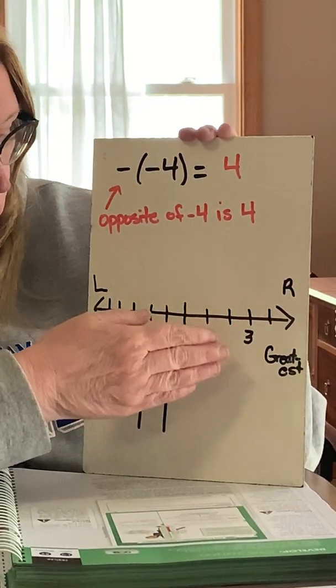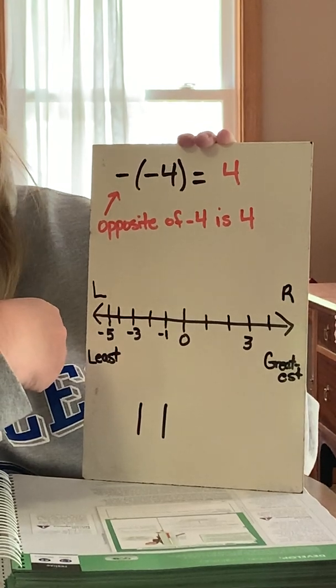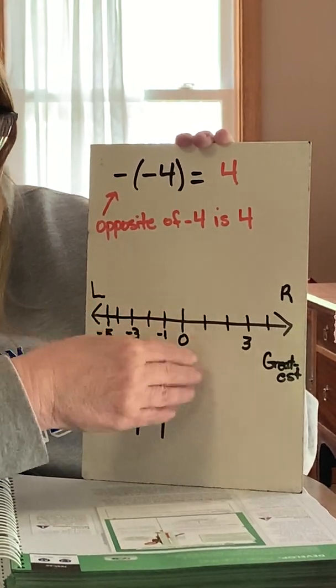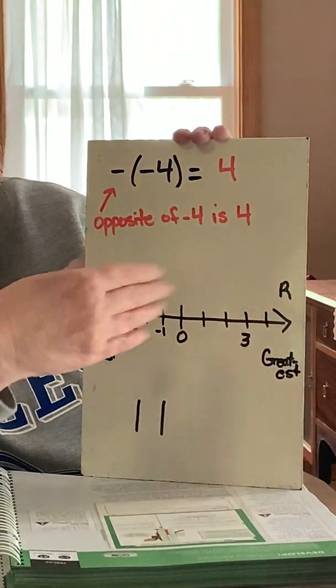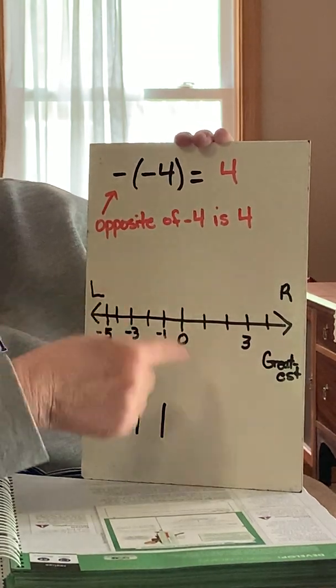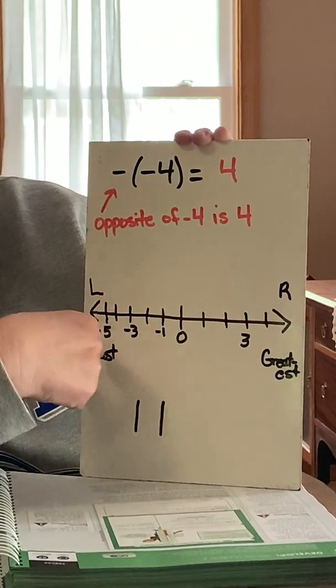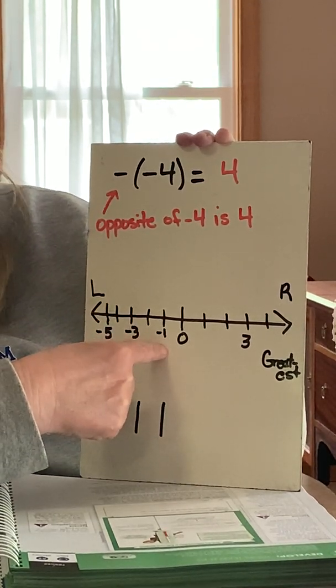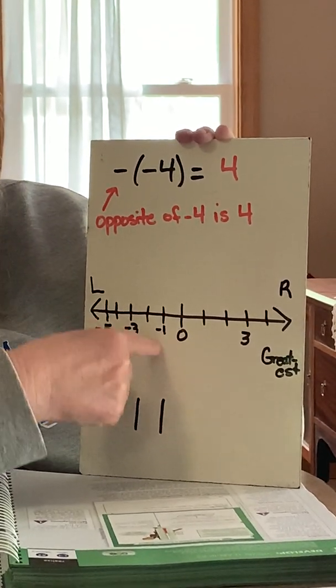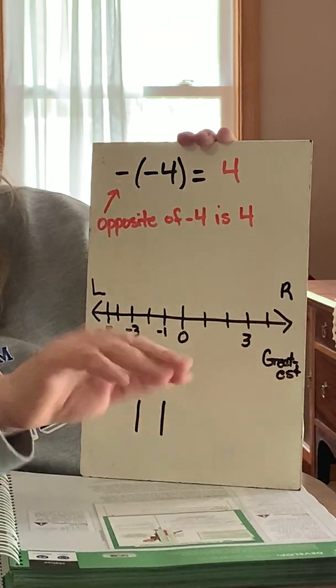When you're going left on a number line, you're getting less. So the farthest left you go, the least you have. So when you have a -1 compared to a -5, -1 is greater than this one because it's to the right of it.